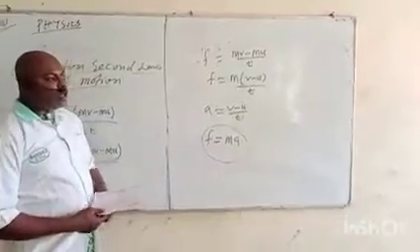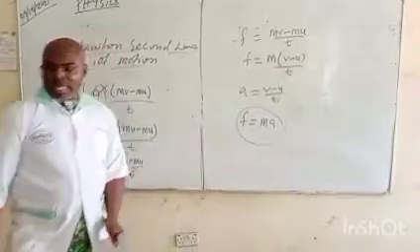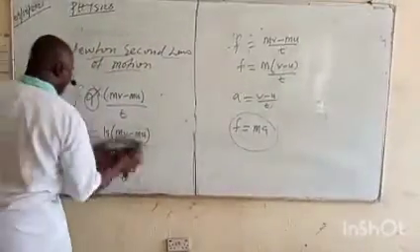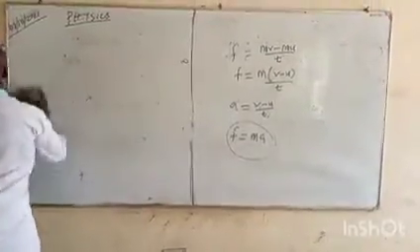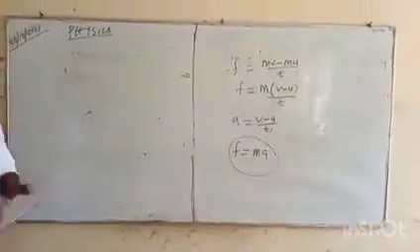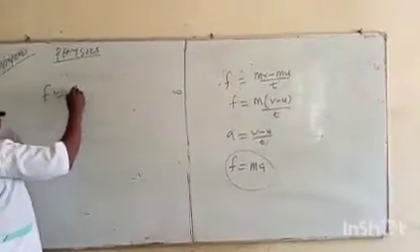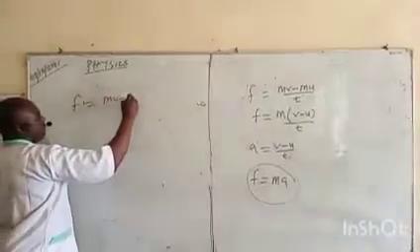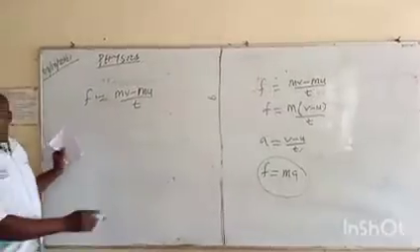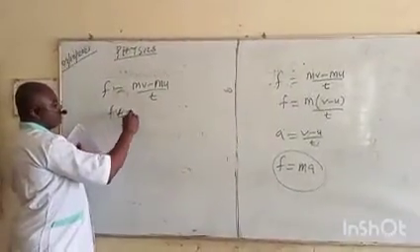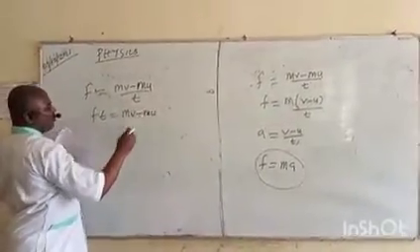This Newton's second law also gives us the relationship between momentum and impulse. If we cross multiply, Ft = mv - mu.